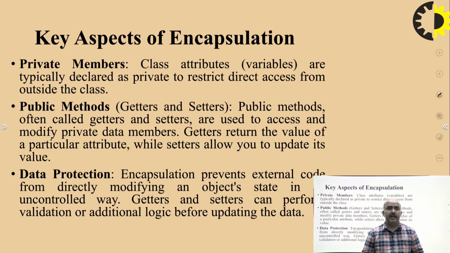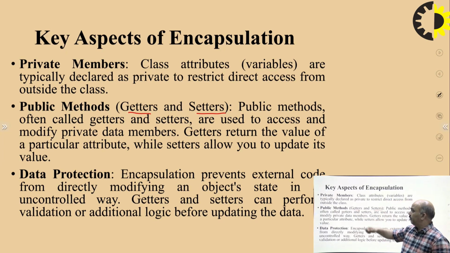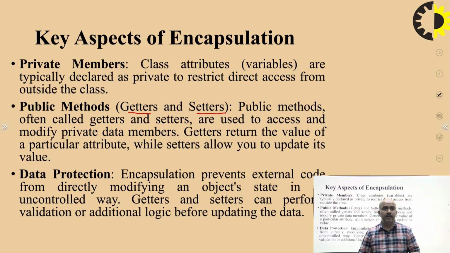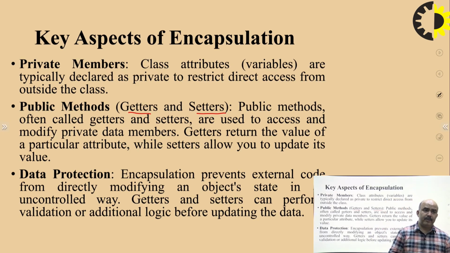And then we use public methods, generally getter and setter methods, which access those private data, and we can also modify those data. Encapsulation basically provides data protection. It prevents external code from directly modifying objects, so that the data can be protected.